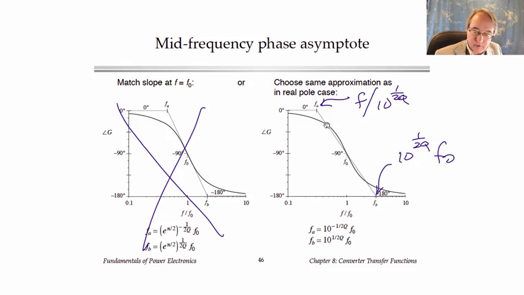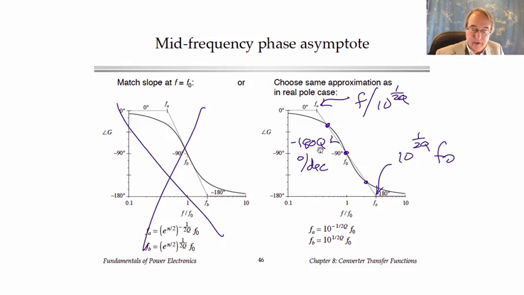Here's a sketch of what that asymptote looks like compared to the real curve, and you can see that the actual curve crosses this asymptote at 3 places. And so this approach, or this way to draw the asymptote, is not a bad approximation. Incidentally, what this choice implies then is that the slope of the asymptote turns out to be minus 180 times Q degrees per decade.